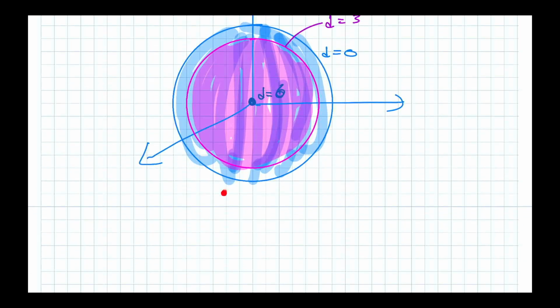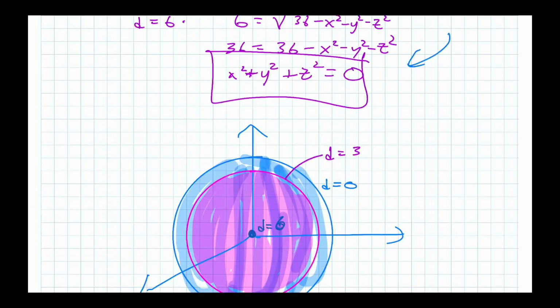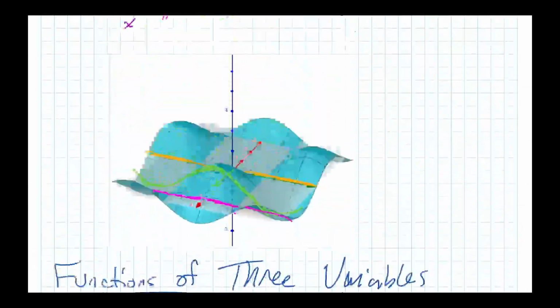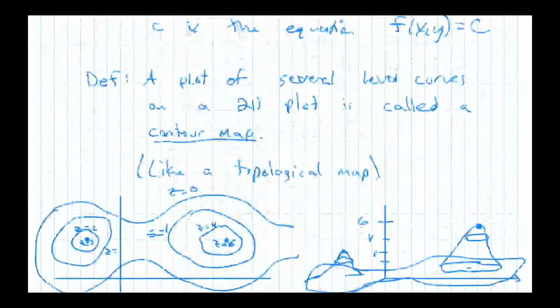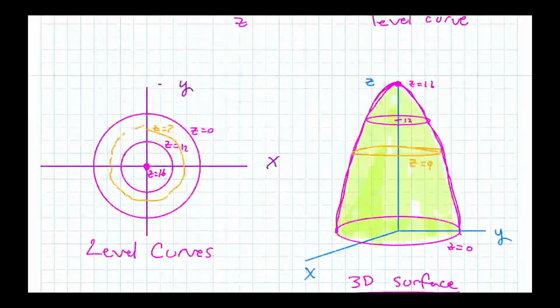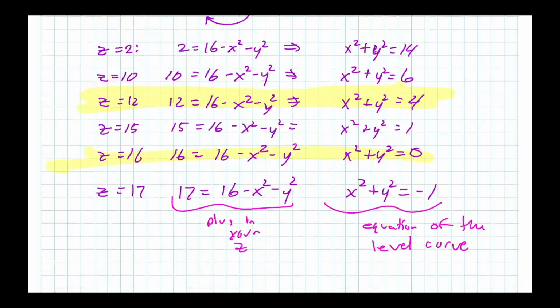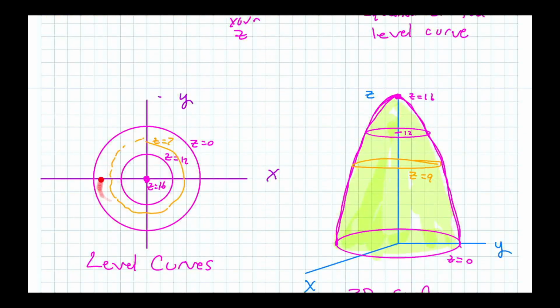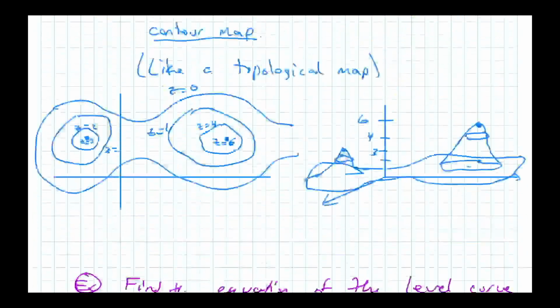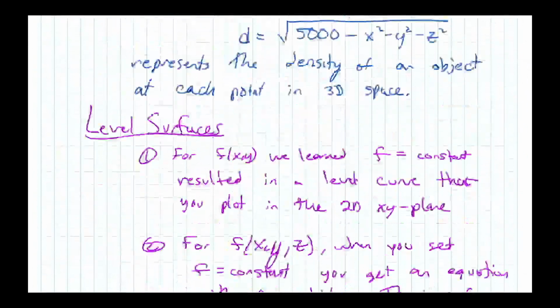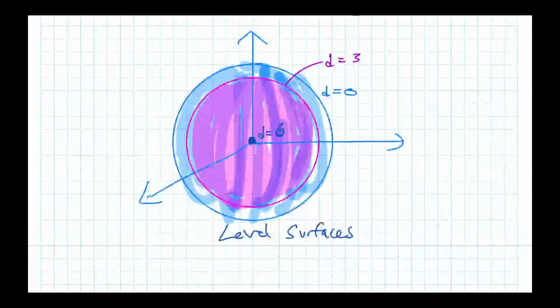So the point is that this graph of level surfaces is equivalent to the graph of level curves that we did here, right? We got this graph from these kinds of calculations, and it was a 2D plot of curves for level curves, and for level surfaces, you end up with a 3D plot of level surfaces.